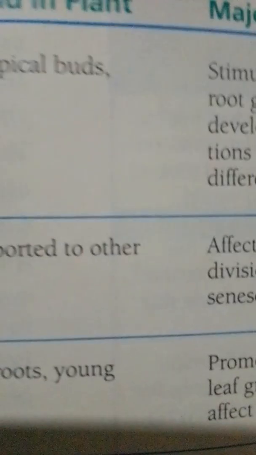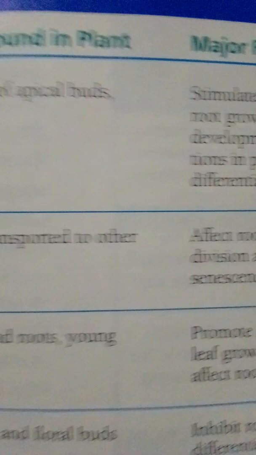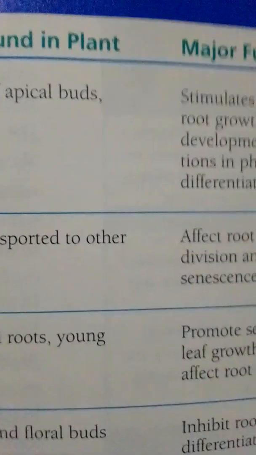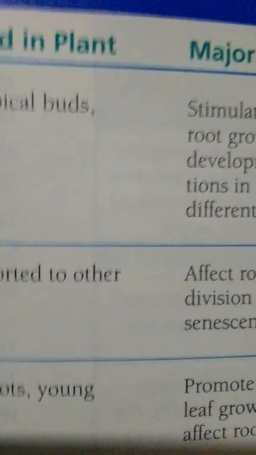Major functions: stimulate stem elongation, low concentration only, root growth, differentiation and branching, regulates development of fruit, enhances apical dominance, functions in phototropism and gravitropism, promotes xylem differentiation, retards leaf abscission.